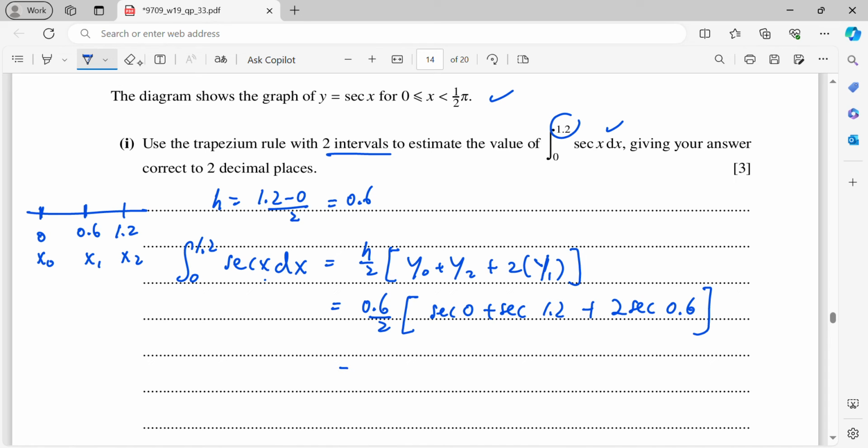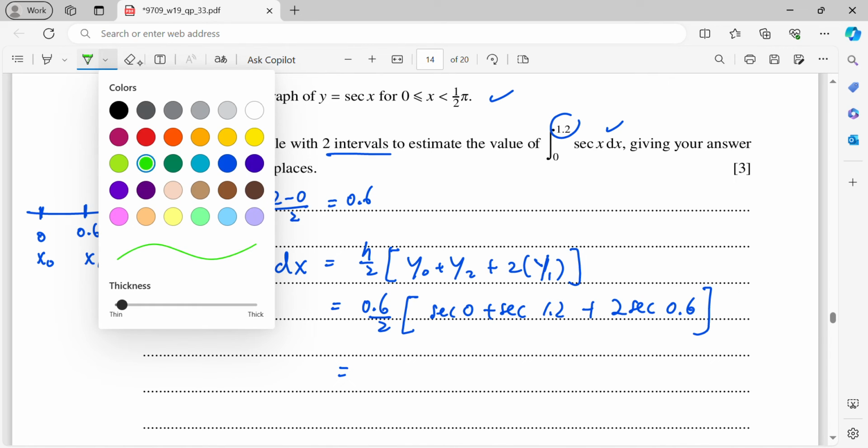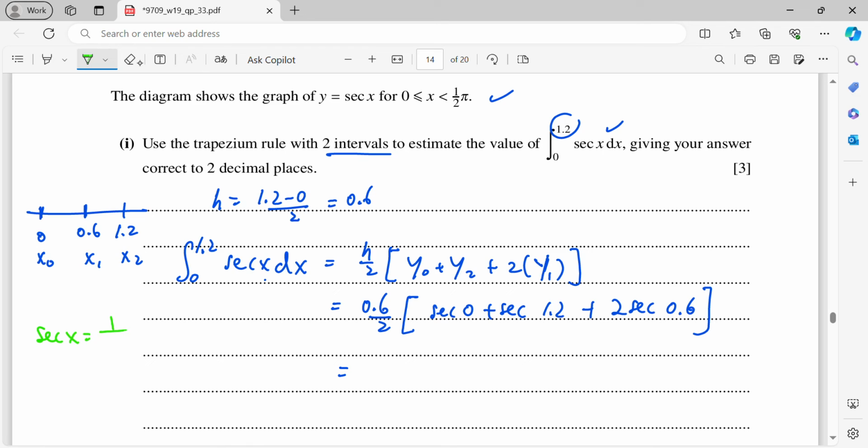Okay, so we know that sec x is 1 over cos x. So change it to this form first. 0.6 divided by 2 is 0.3. So this is 0.3 times 1 over cos 0 plus 1 over cos 1.2 plus 2 times 1 over cos 0.6.